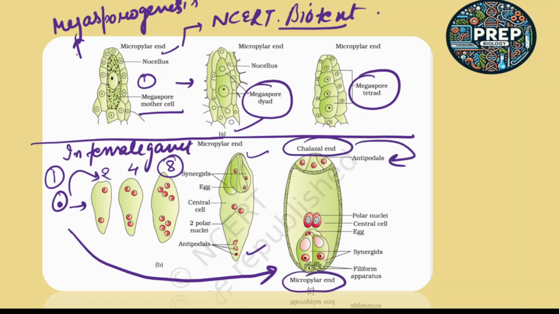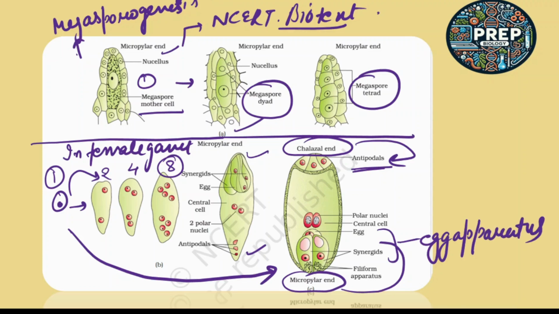At the chalazal end, 3 antipodal cells are formed, and at the micropylar end, the egg apparatus is formed. In the egg apparatus, there are 2 kinds of cells, egg cell and synergid cells. In the synergid cells, a special kind of cellular thickening is present, that is called the filiform apparatus. Its function is to guide the pollen tube into the synergids during fertilization.